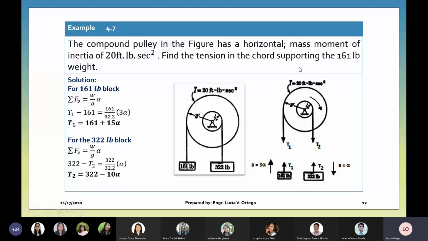Find the tension in the cord supporting the 161-pound weight. So the weights are 161 pounds and 322 pounds. Given the direction of rotation, it's in clockwise direction.